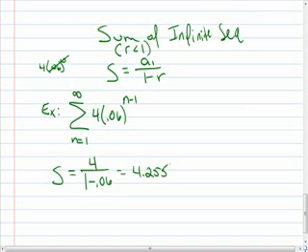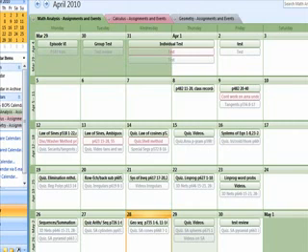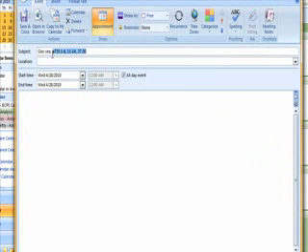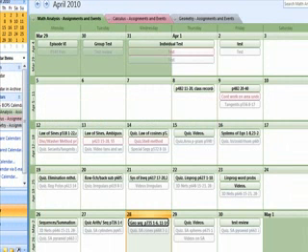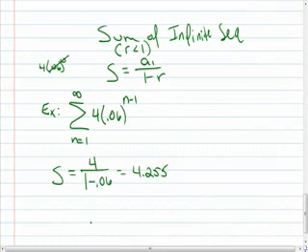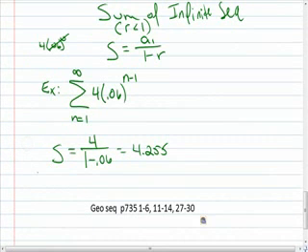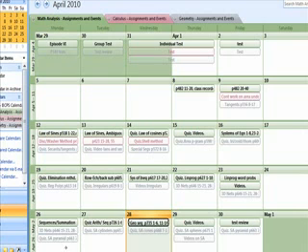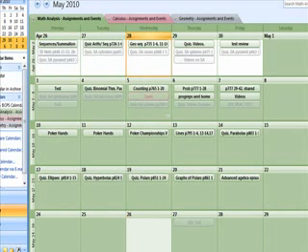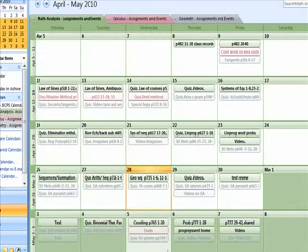That is all there was for today. There is the assignment from the calendar. Also, if you've been checking the calendar, you see that Friday is a test review and Monday is a test.